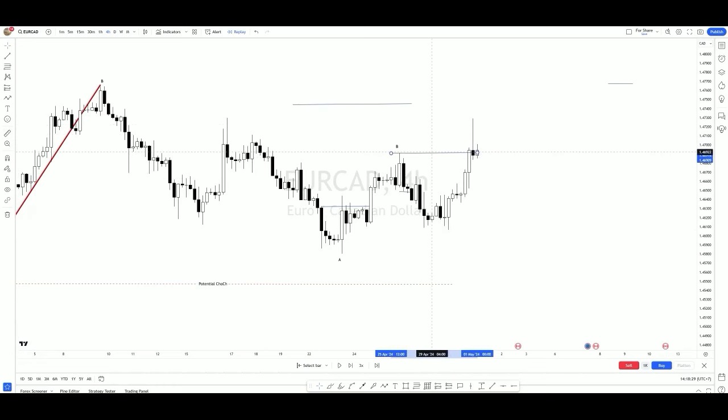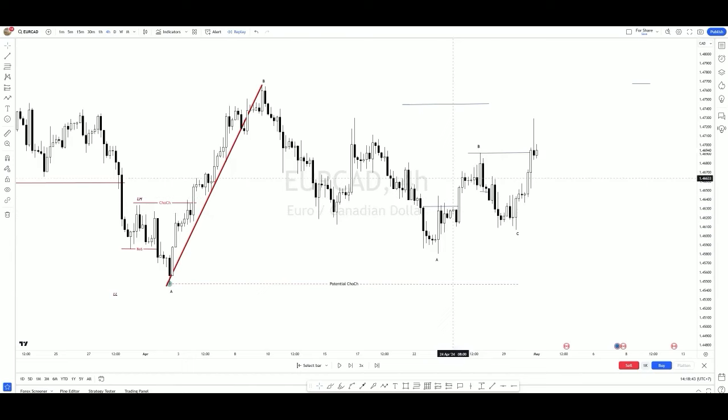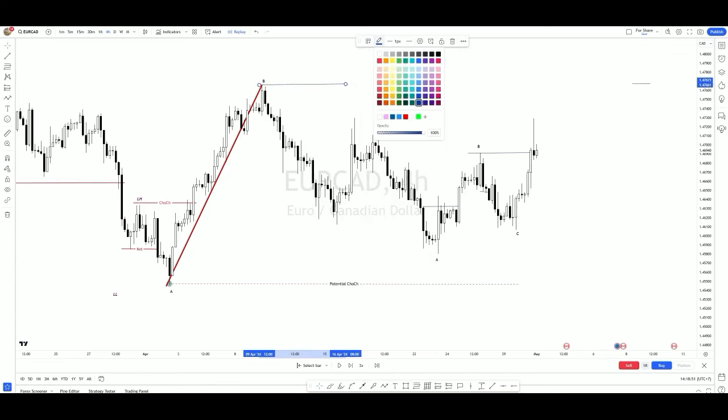Now, to be more specific here, I have B broken by candle body and I have C confirmed. So you see, A, B, and C is not confirmed because I'm waiting for B here to be broken.